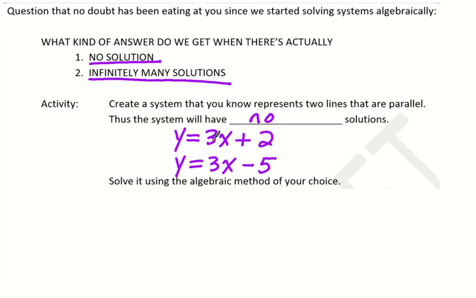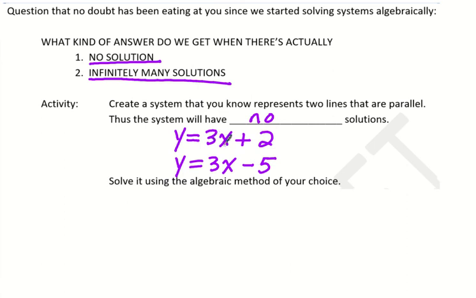Since they're both set equal to y, let's do the substitution method, because it's going to be super easy here. They're both equal to y, which means we can just set them equal to each other.